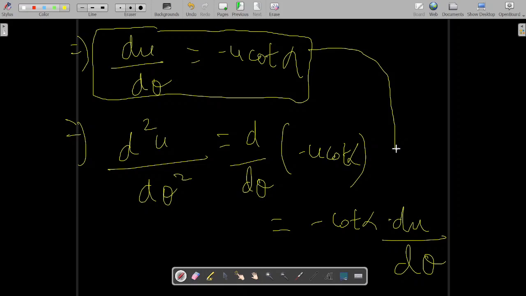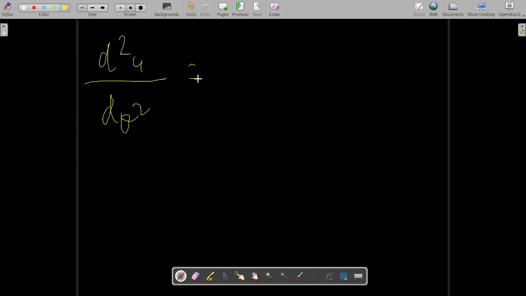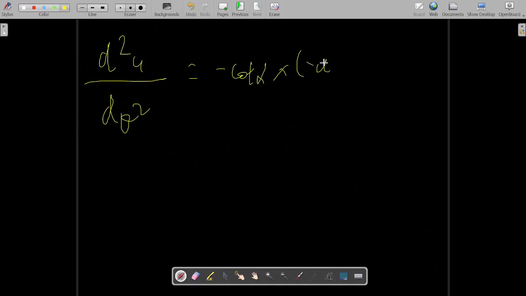Just substitute it over here. In place of du by d theta, you will get minus u cot alpha.